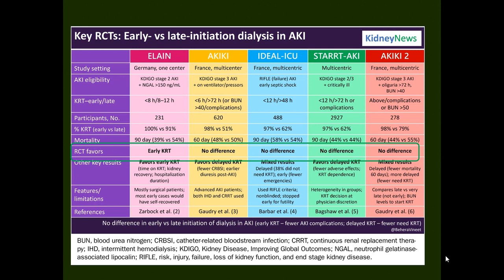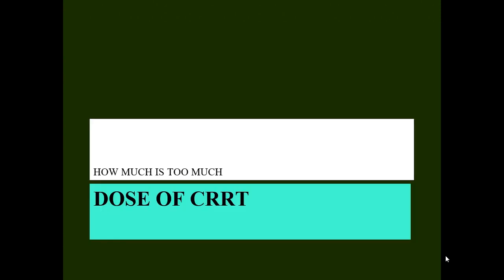That's why this study favors an early RRT compared to all the others. But you need to know this study, especially if you have a long question in your DM or DNB exam. You will have to mention it at least in some part to score more marks. So timing does not make a difference whether you are doing late or early. You can choose as per your convenience and the convenience and requirement of the patient.